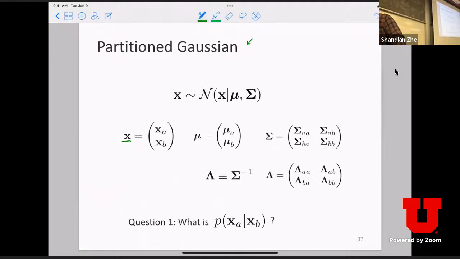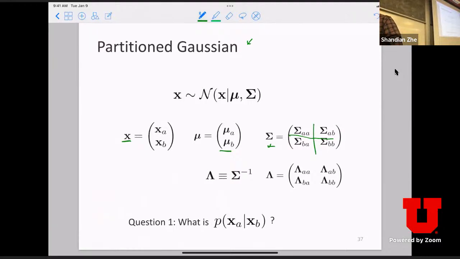Correspondingly, your mu vector and covariance matrix can be partitioned as well. The mu vector will have mu a and mu b, and your covariance matrix can be partitioned as a block matrix: sigma AA, sigma AB, sigma BA, and sigma BB.